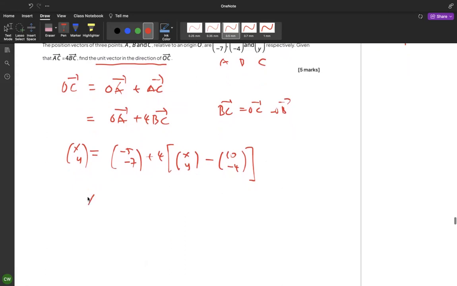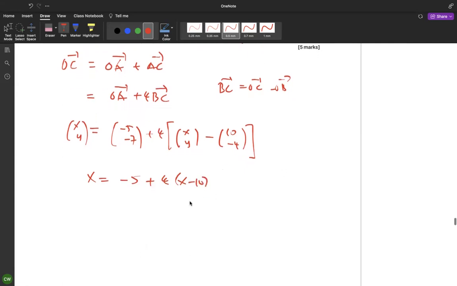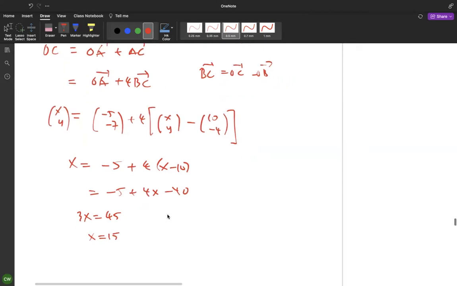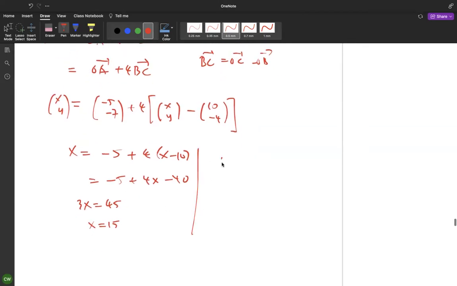Okay, so this is going to be x equal to minus 5 plus 4 times x minus 10, right? So we have 5 plus 4x minus 14. So 3x is 45. So x is 15. Is it correct? Okay, how about the y? Form another one for y.